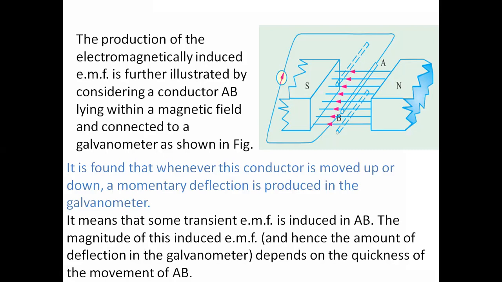How fast we move the conductor in the magnetic field, according to that, the generation of EMF will depend. It depends upon how fast we change the position of the conductor in the field. It means we can move up and down. If you move up and down very quickly, that results in more EMF generated in the conductor.